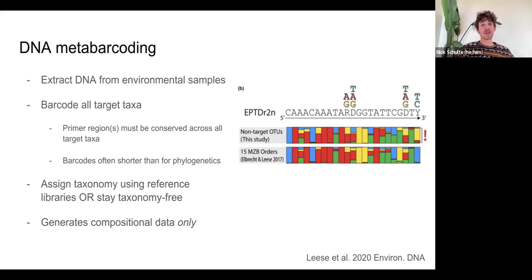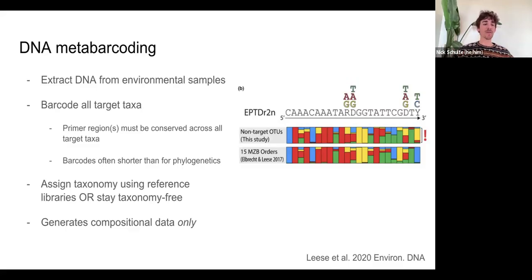Or there are applications of DNA metabarcoding where you don't apply taxonomy at all, and you're just focused on these unique sequences in a taxonomy-free approach. Those unique sequences are often called ESVs or ASVs, amplicon sequence variants. But you can think of them as kind of denoised or error-corrected unique sequences.